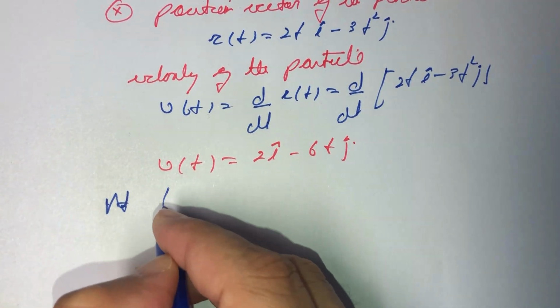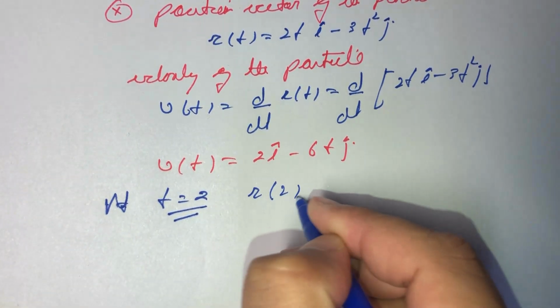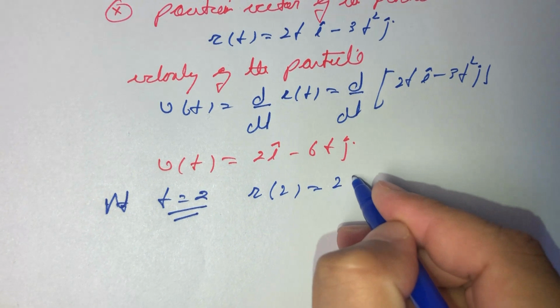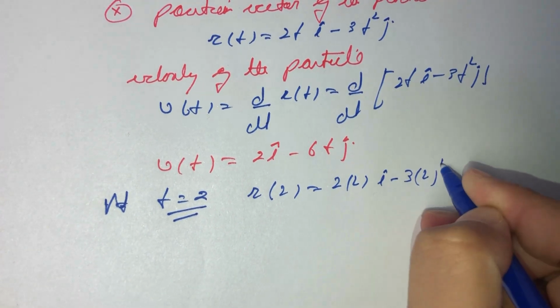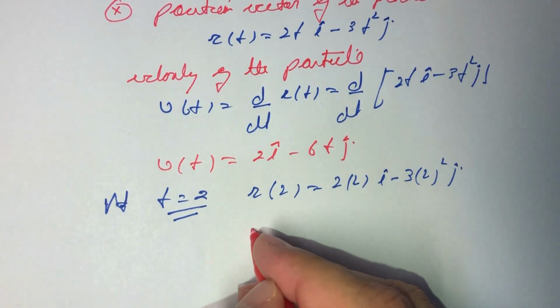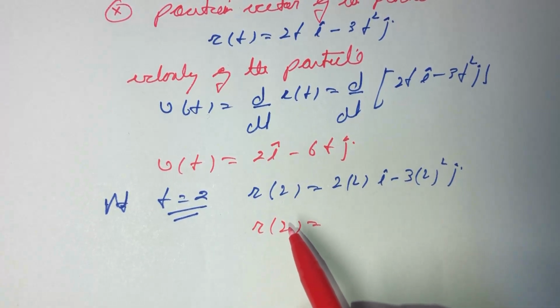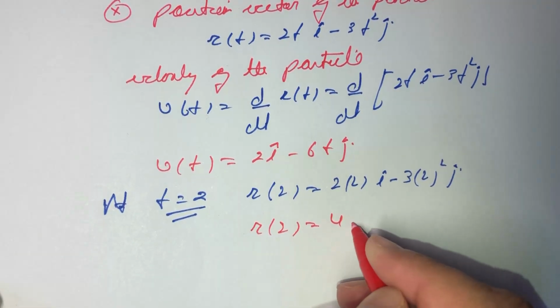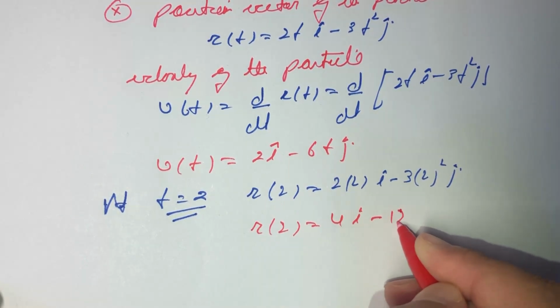At t is equal to 2, r of 2 will be equal to 2 into 2 into i minus 3 into 2 whole square j. Therefore we get r of 2, the position of the particle at time 2, equal to 4i minus 12j.